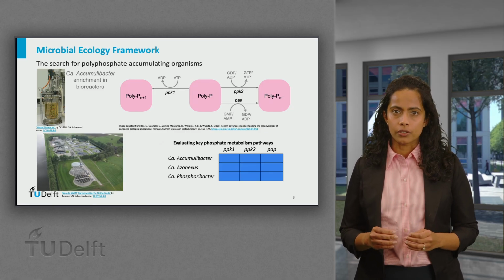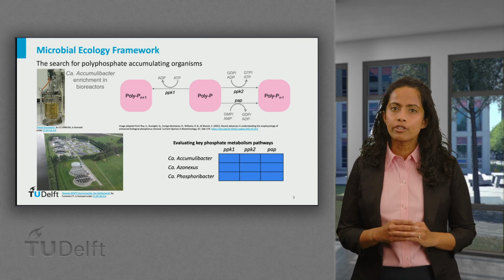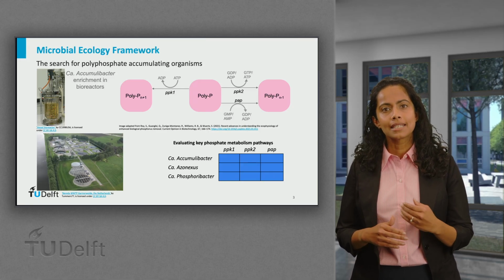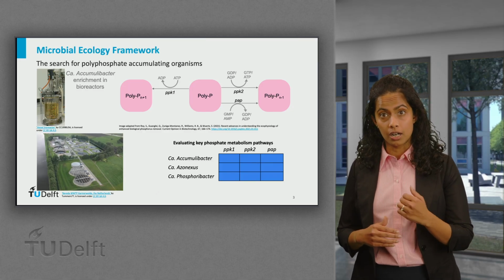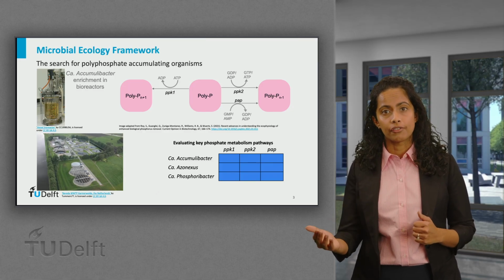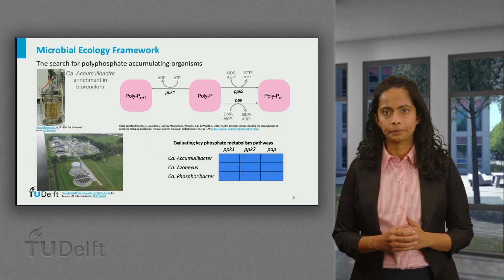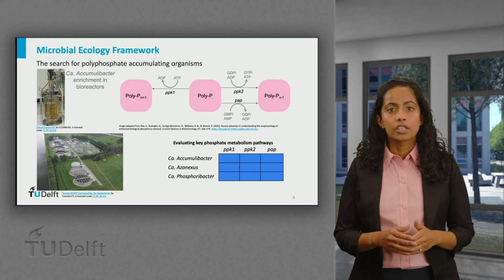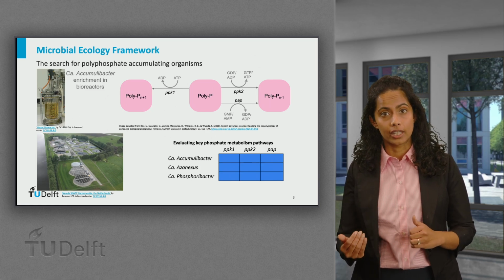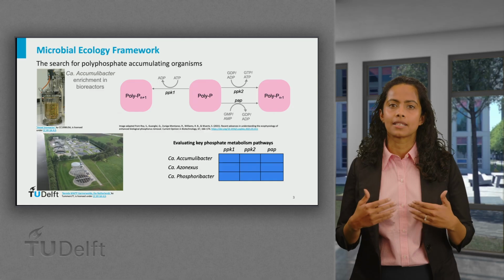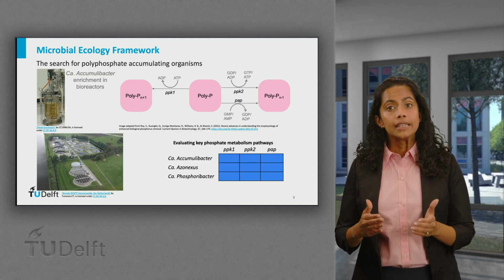In enrichment cultures, such as in the bioreactor shown, we can enrich for this organism by cycling it between feast phase, with the presence of a carbon source, and famine phase, with only the presence of the electron acceptor.